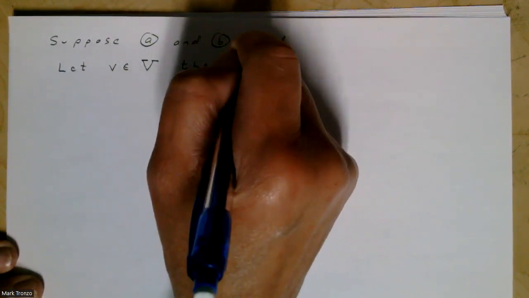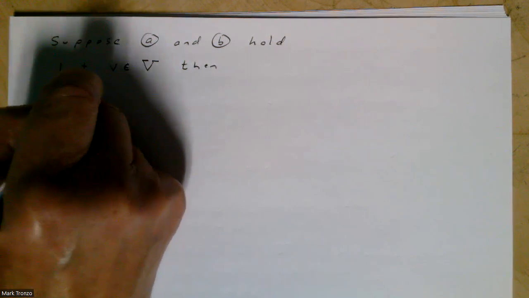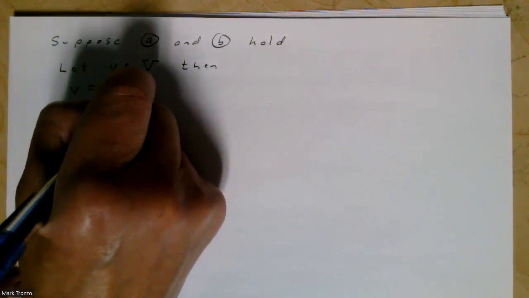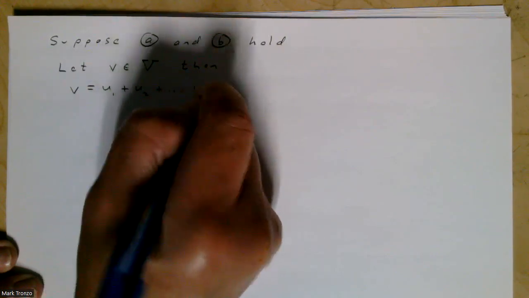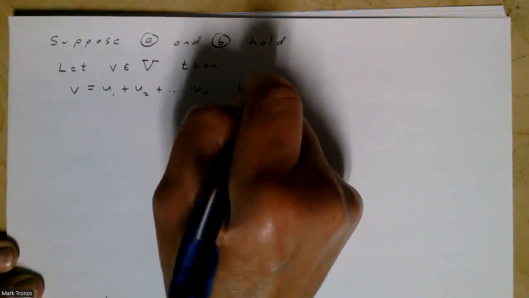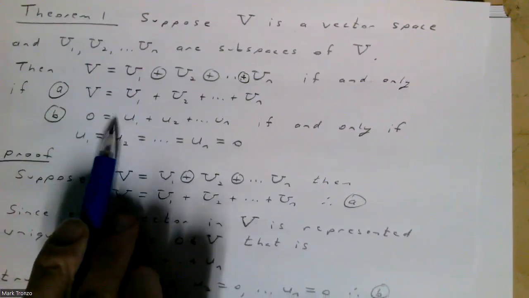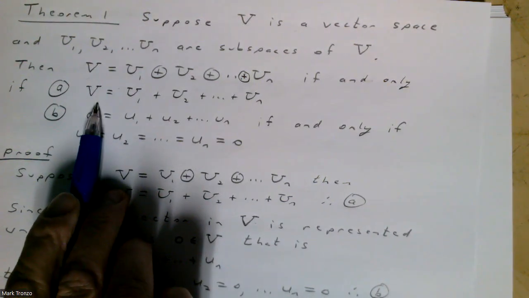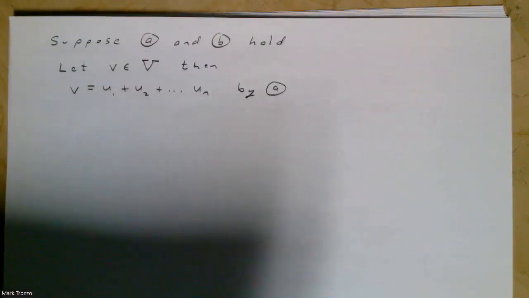Then V is going to be equal to U1 plus U2 plus UN by A. Because remember, because we have this sum, we know that we can represent every vector in V by a sum of vectors from each of these.